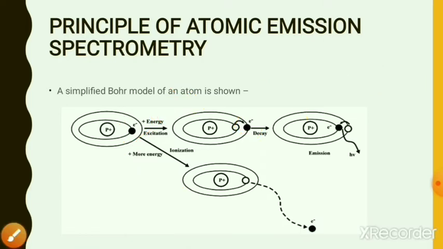When it becomes unstable, it goes back to its lower energy state by emission of electromagnetic radiation.